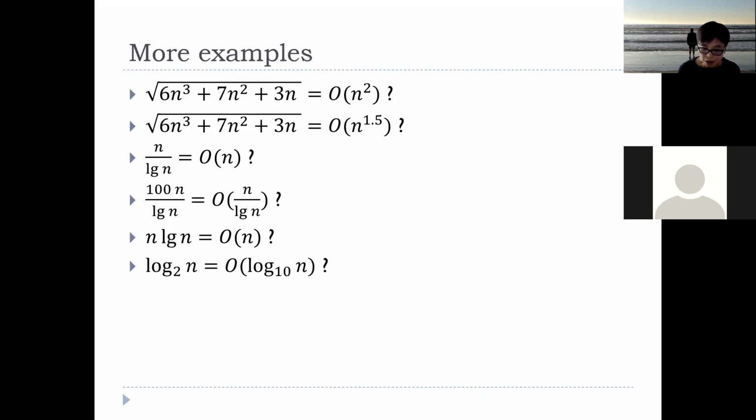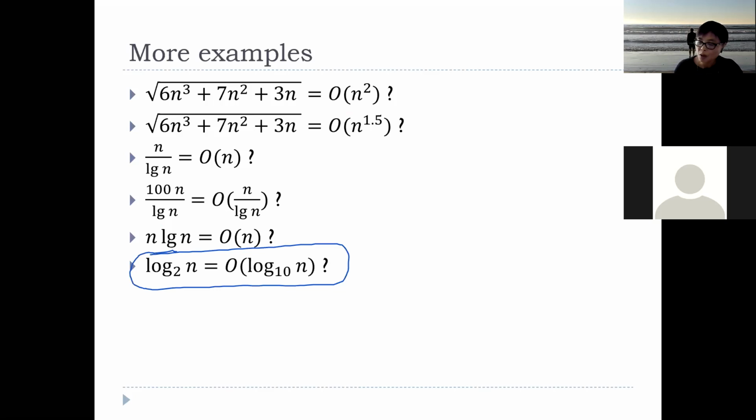All right, let's look at the last one. What do you think? This is a logarithm function, but with different bases. One is base 2, one is base 10. So maybe here's the hint.